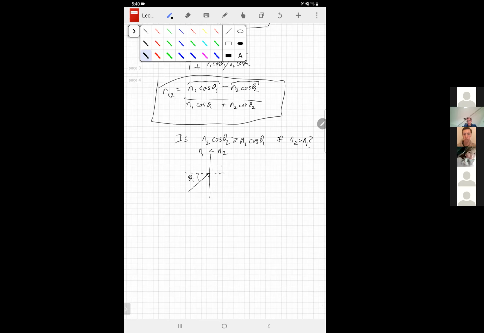If n2 is larger, does this ray get bent towards the axis when it enters medium 2 or away from the axis?